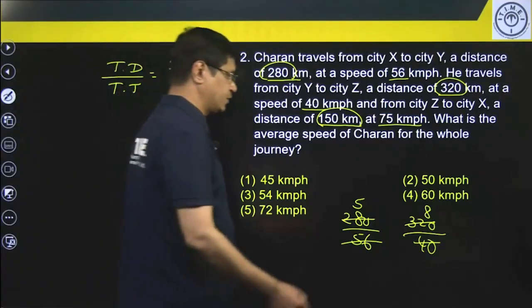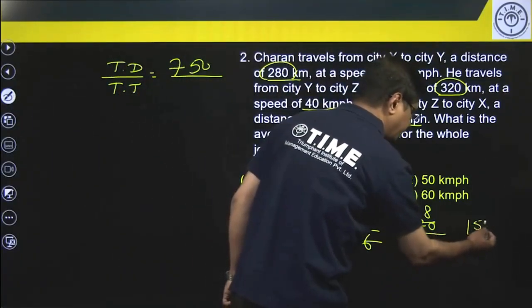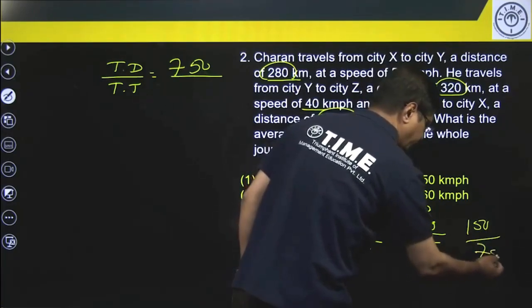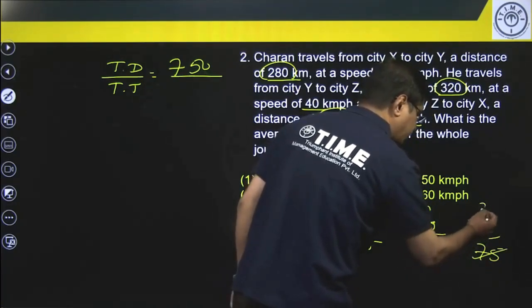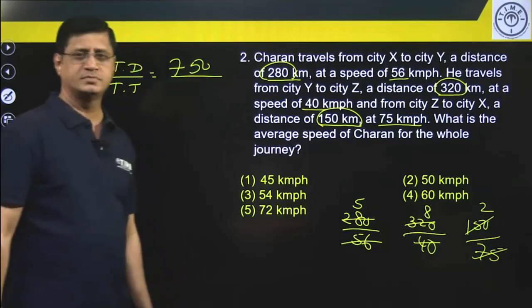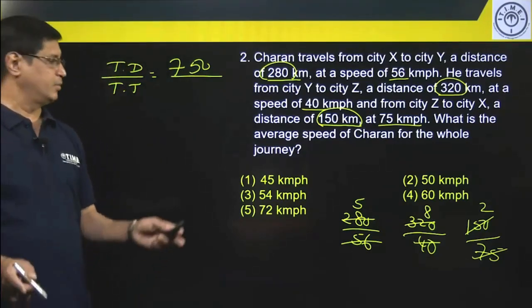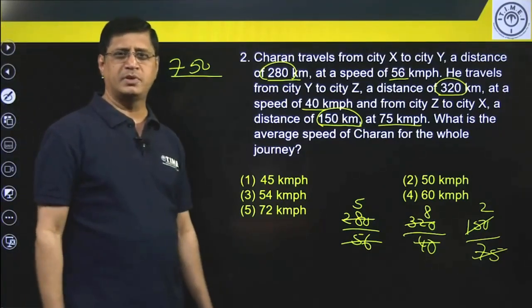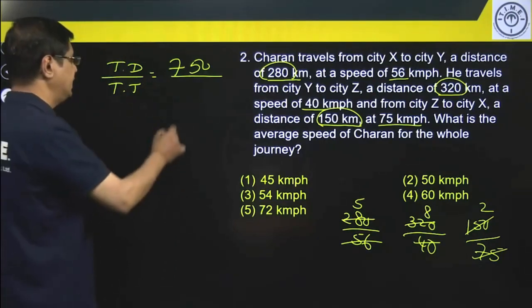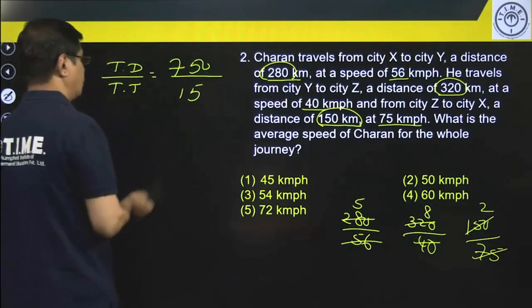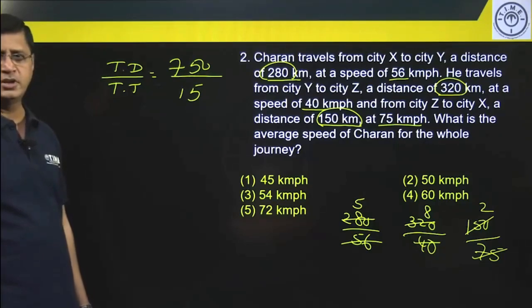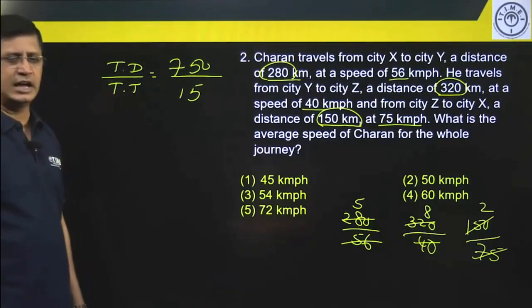Now the third part, 150 km at a speed of 75 km per hour, the duration of time is 2 hours. What is the total time? 5 hours plus 2 hours plus 8 hours, that is 15 hours. Total distance 750 kilometers, total time 15 hours.